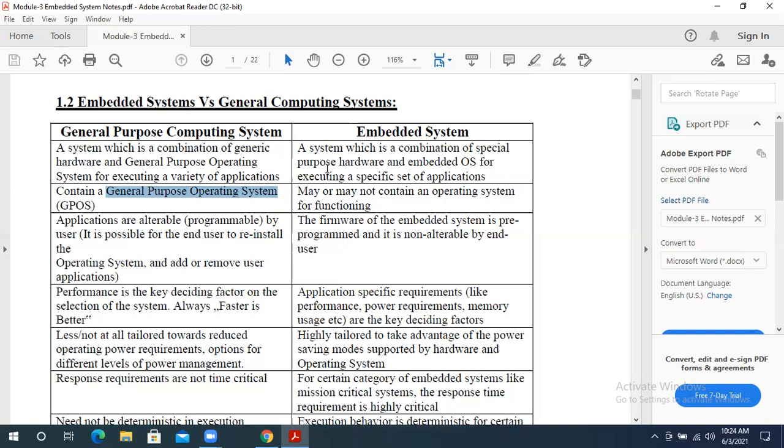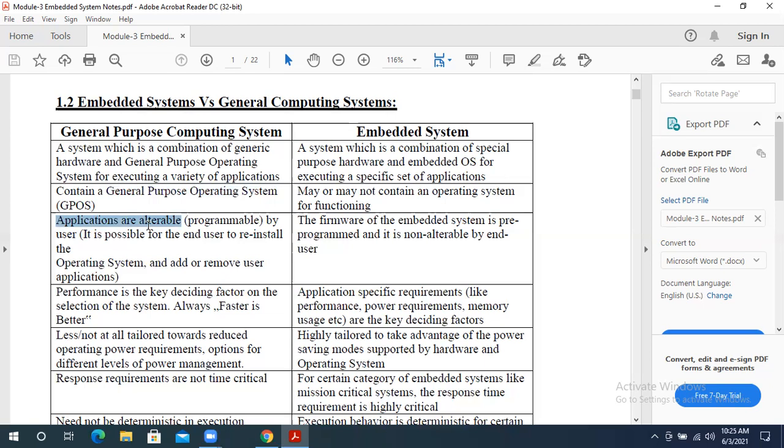And the third point: applications are alterable by the user. Of course, suppose we write a program, we can modify the program in our computers. But when it comes to embedded systems, it is not possible because the programs are already pre-loaded. We can't change the programs in our embedded system.